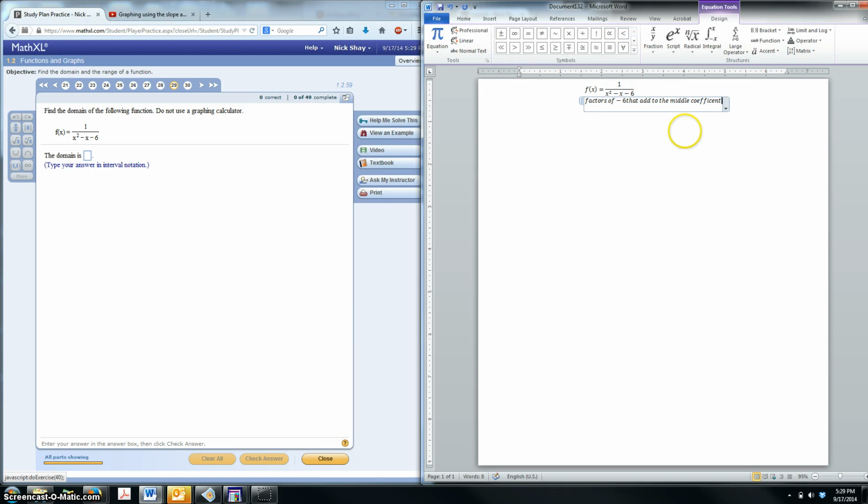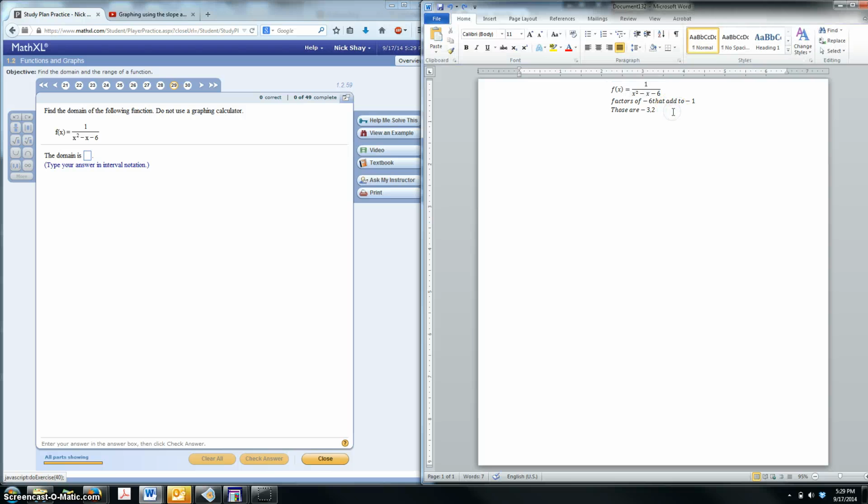The coefficient in the middle is what? What's the number in front of the middle term? So that add to negative 1. So what are the factors of negative 6 that add to negative 1? It would be negative 3 and positive 2. They multiply to negative 6, and they add to negative 1. So those are the factors here.